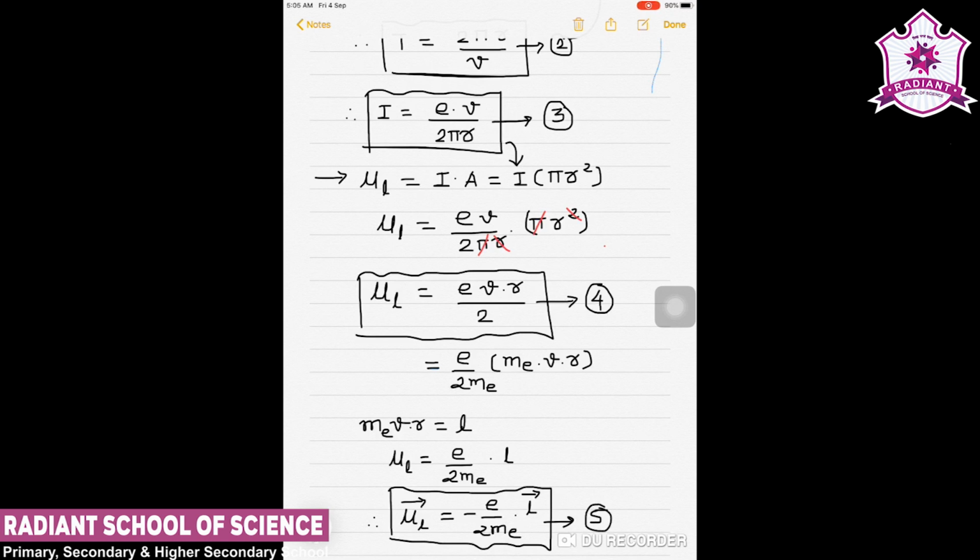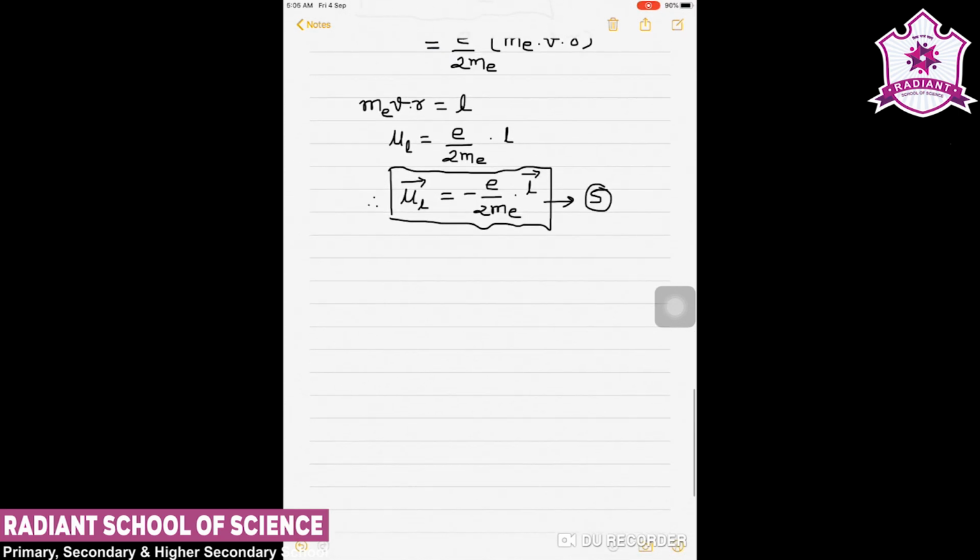Now with this equation we have a new term that is known as the gyromagnetic ratio.